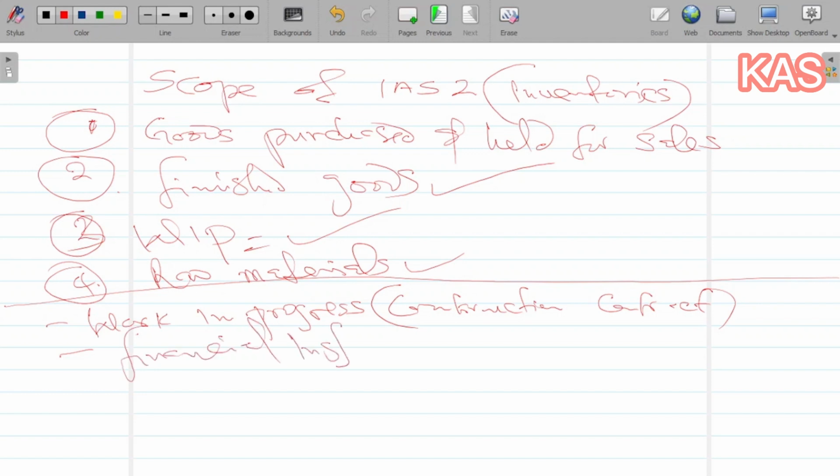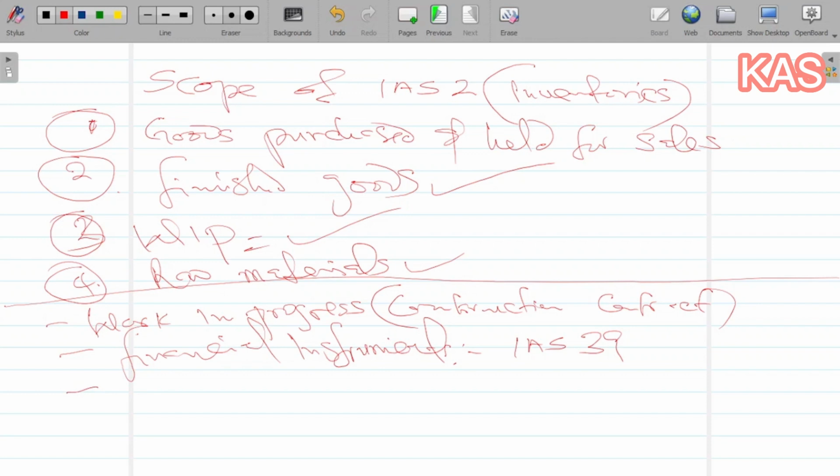Financial instruments are also covered under another standard, which is IAS 39. So it's IAS 39 that covers financial instruments, not IAS 2.